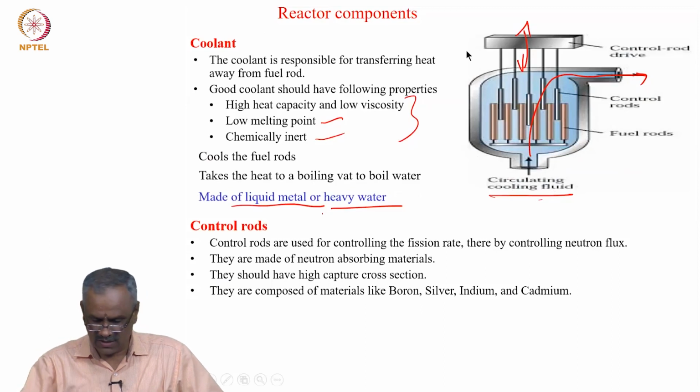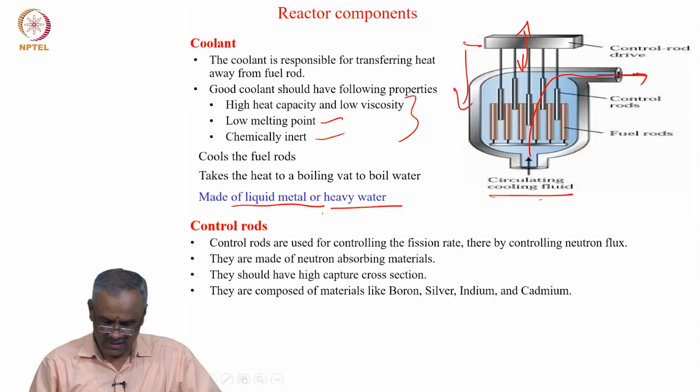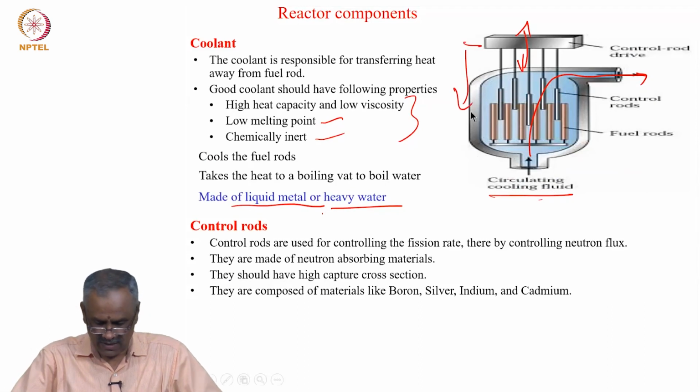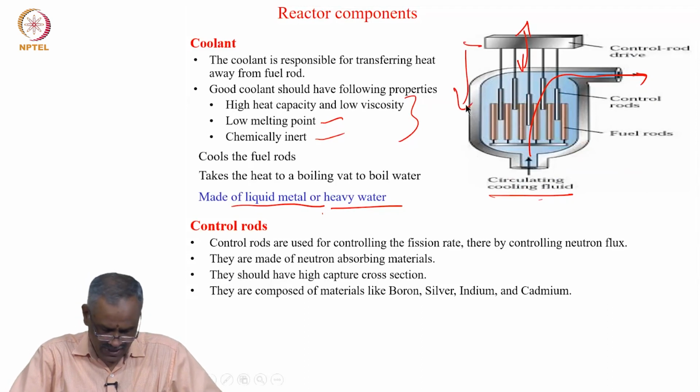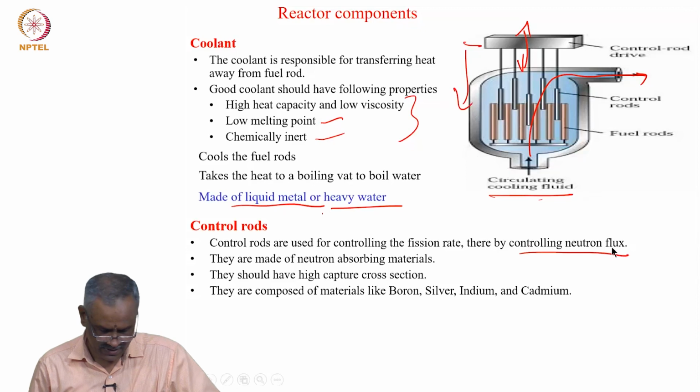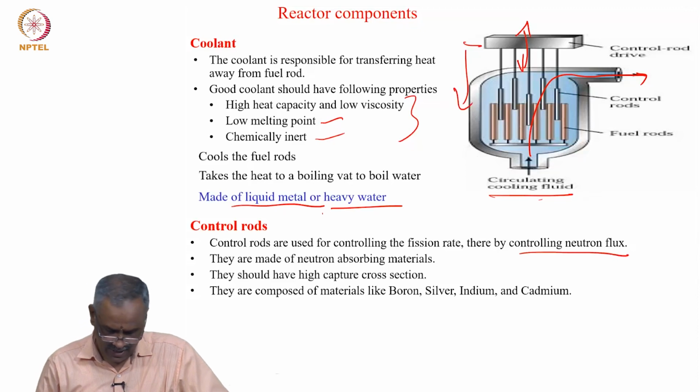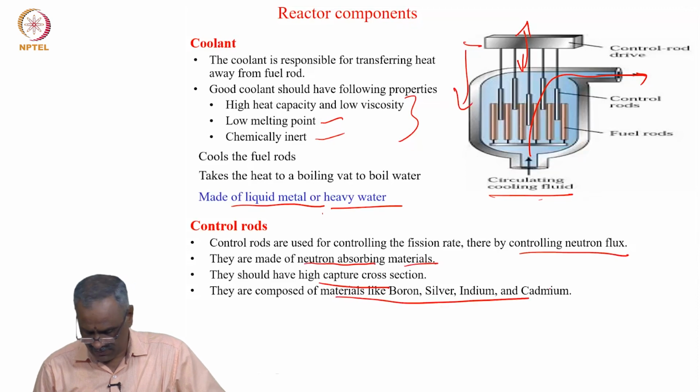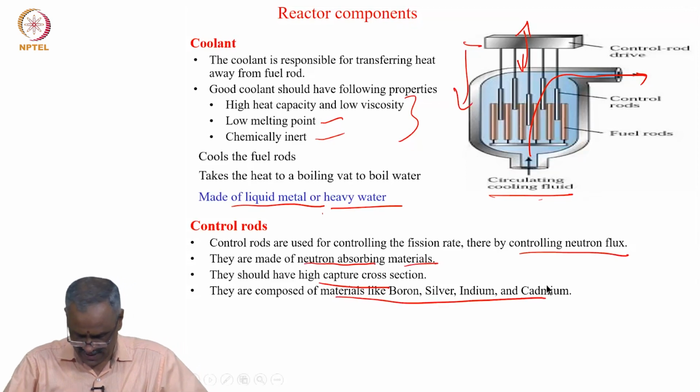The control rods, which are here, are traversed, or pushed and pulled out, depending upon the reaction conditions. The control rods are used to control the fission rate, and thereby they control the neutron flux. They are mainly made of neutron absorbing materials with a high capture cross section, composed of materials like boron, silver, indium, and cadmium.